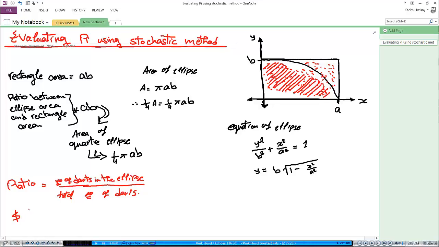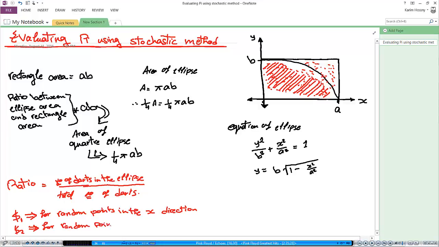In this problem, I'll need two random numbers: random number 1 for random points in the x direction, and also random number 2 for random points in the y direction.